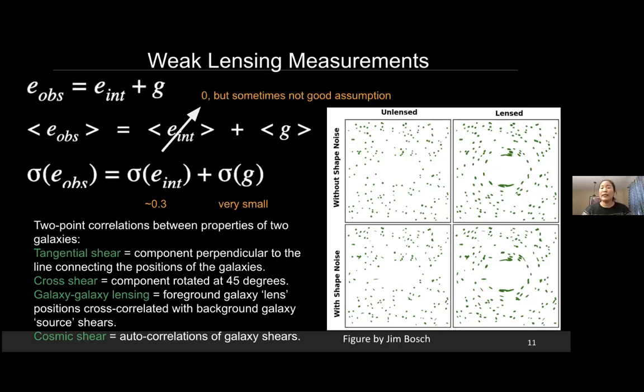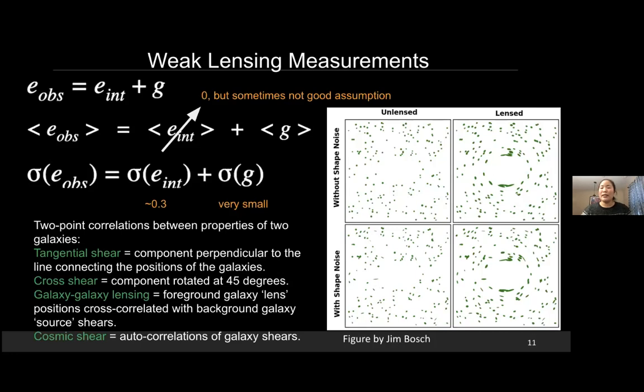Now on the right-hand side, it's a very exaggerated view. It's very rare that you find a lens that distorts the background galaxies in such a strong manner. But here we've put a very massive, say, galaxy cluster in the center of this image. And that serves to stretch out the shapes of the background images.